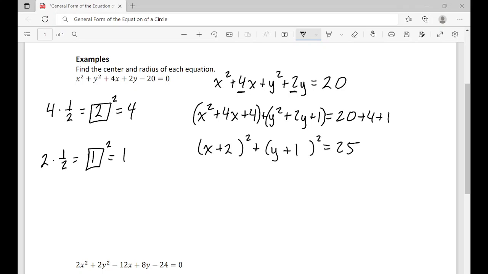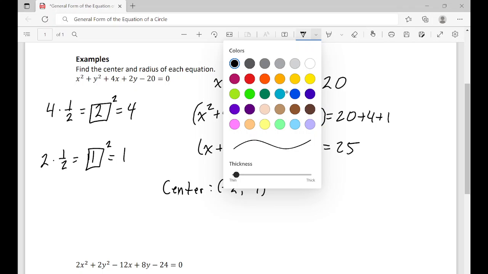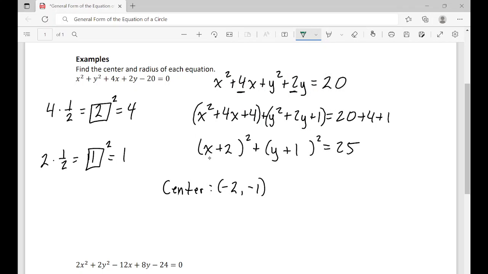So from here, we need to figure out what is the center and what is the radius. So the center, again, is our h and k. In this case, h is going to be negative 2, and k is going to be negative 1. And if you have forgotten why it's that way, that is because the standard form of a circle has x minus. So this would be x minus a negative 2 squared, and this would be y minus a negative 1 squared.